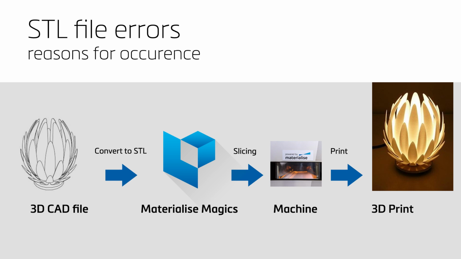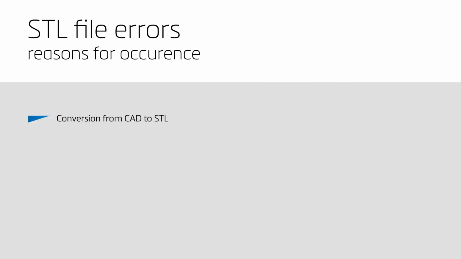This image shows where Materialize Magics is positioned within your additive manufacturing workflow. Magics is the link between your original CAD file and the 3D printed part. The first step, going from CAD to STL file format, is a conversion from parametric design into triangle-based design.